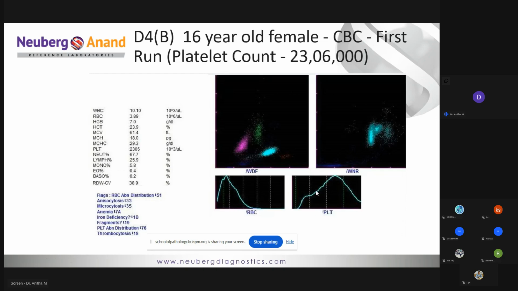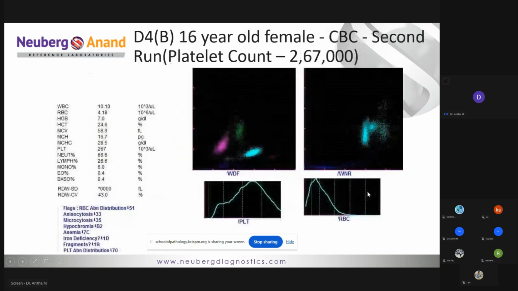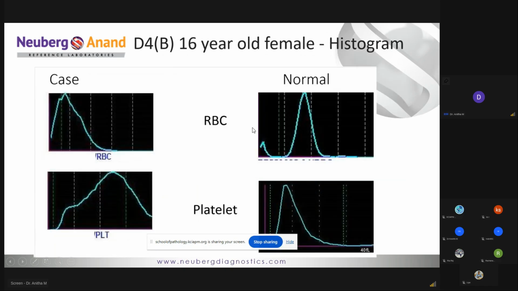But then when we come to another very similar scenario of a 16-year-old, again the platelet count is much higher, 23 lakh 6,000. Now on a repeat run, again with a different technology, the platelet count was 2 lakh 67,000. And when you compare it with the normal, again the graph has shifted to left, but it's all the microcytes which are sitting, and that's giving this RBC histogram a ragged appearance.